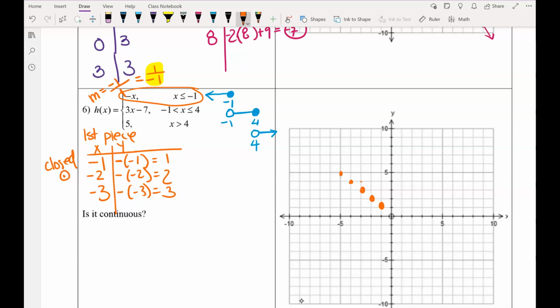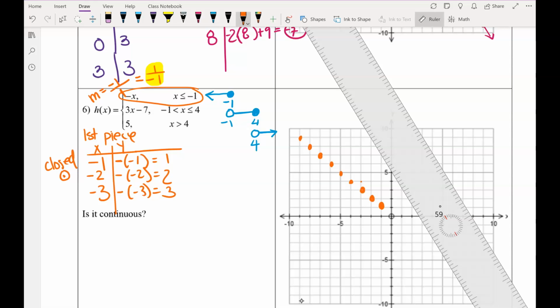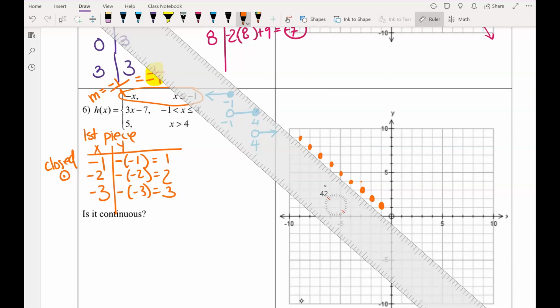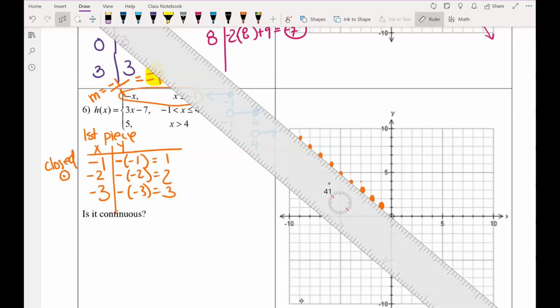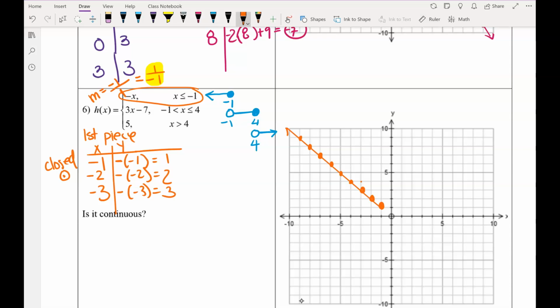Up 1, left 1. Whatever dot we use, it should still be on the same line as the first couple dots that we used on our table. So this is a nice straight line. Okay, so that is definitely a ray, and it went to the left and upward.